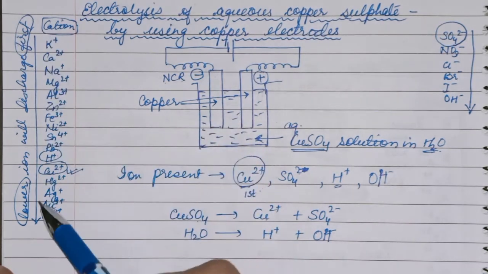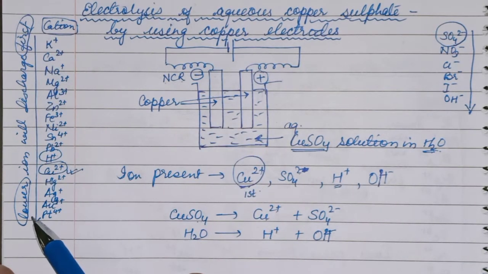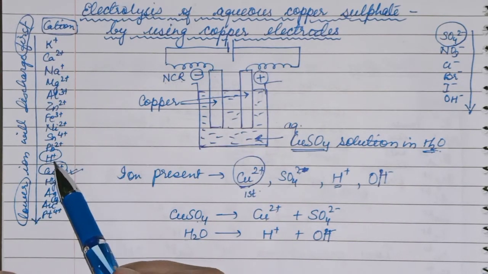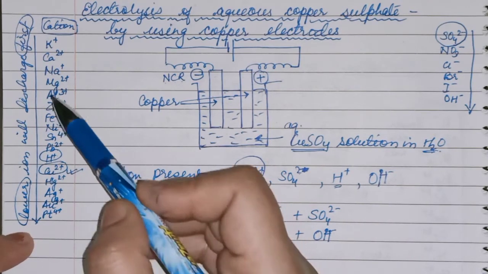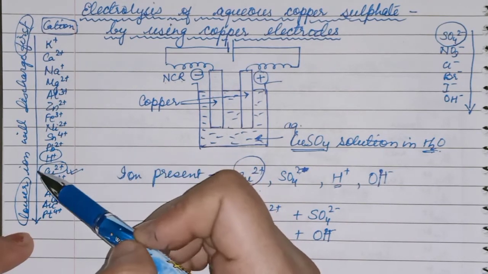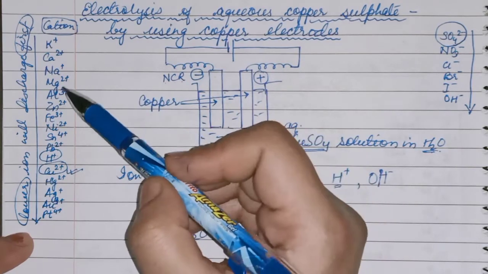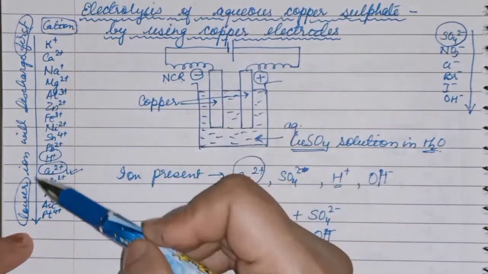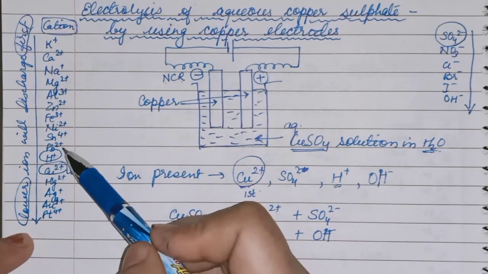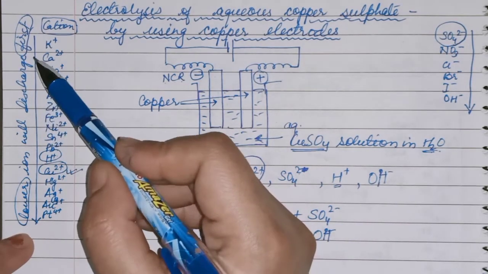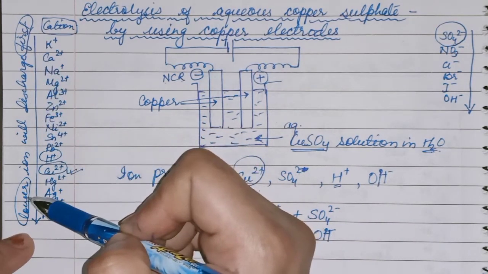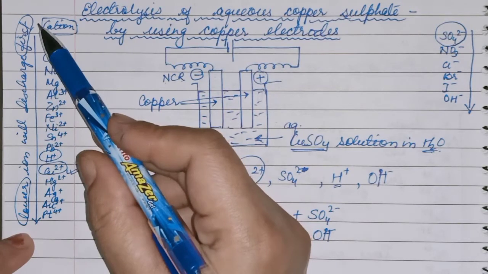These are arranged in decreasing order of reactivity, and the ion taking the lower place will get discharged first.